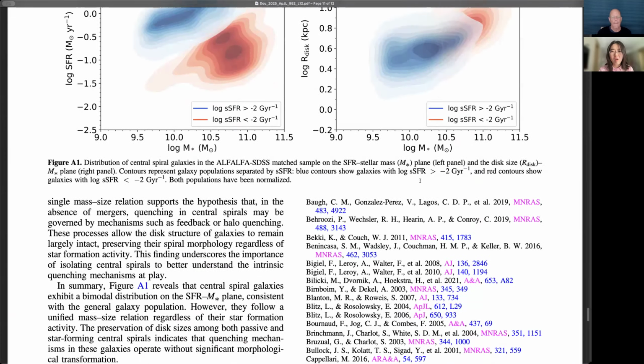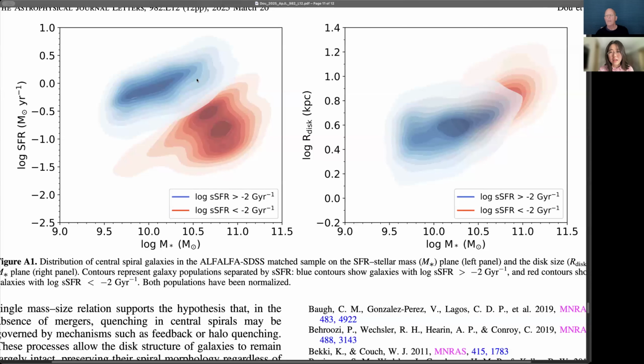Basically, you can see that star forming and passive galaxies are separated on these two planes.